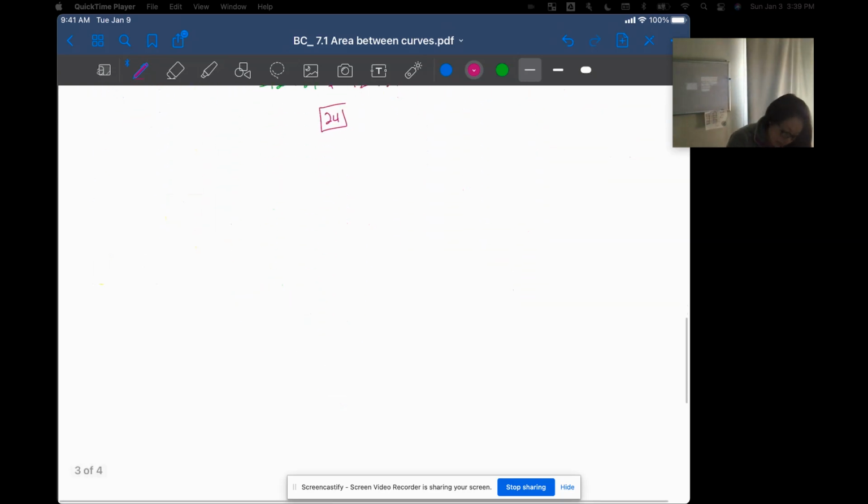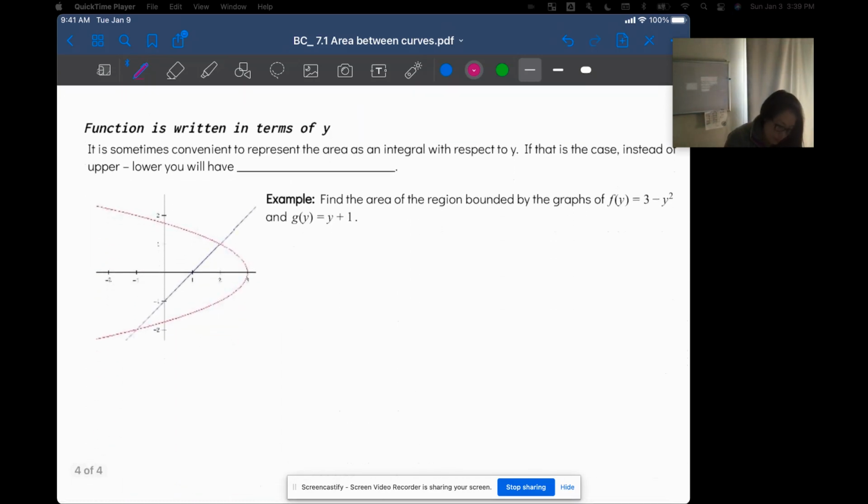All right, last example. These are fun. So what happens if the function is written in terms of y? So we use y instead of x.